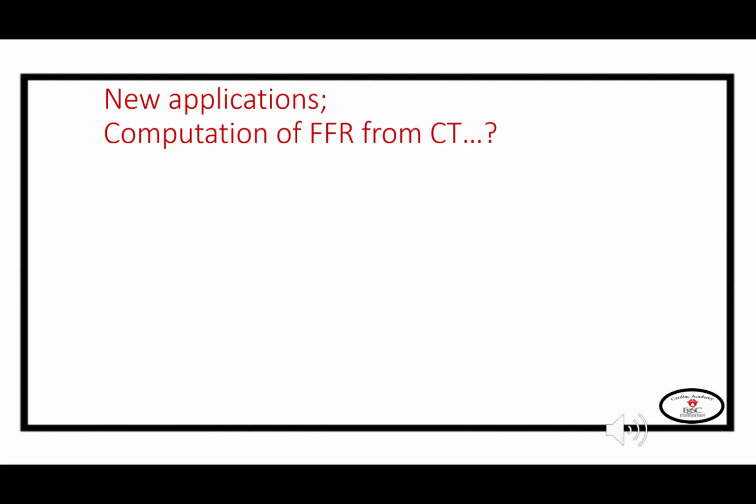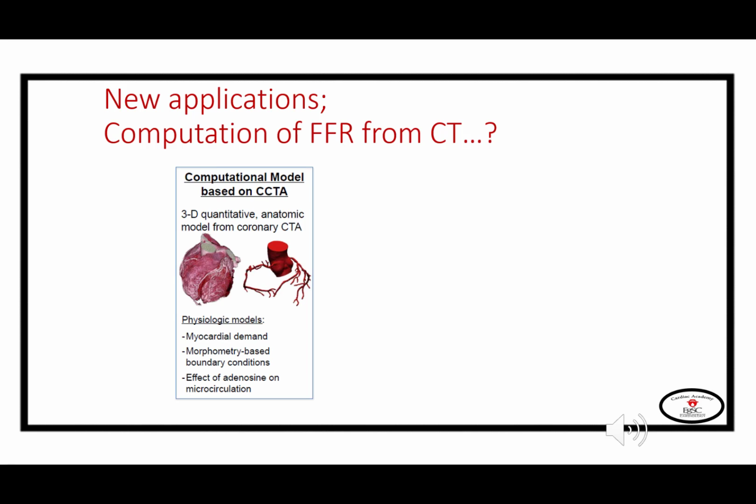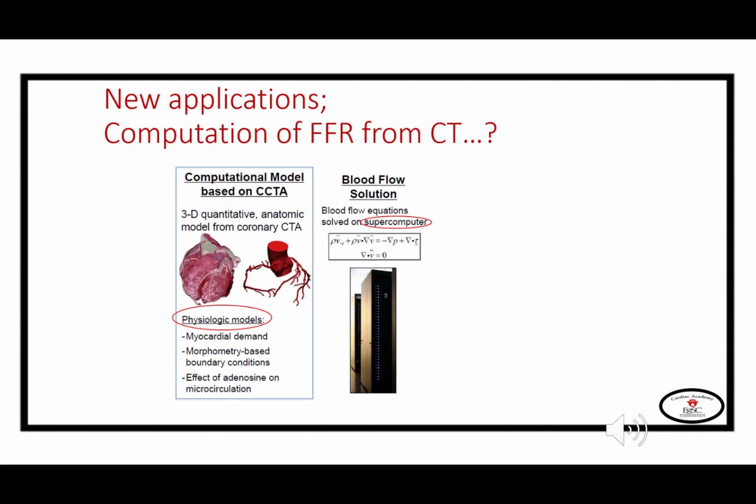New applications are on the horizon, for example, computation of fractional flow reserve from the CT coronary angio images. These use computational models based on cardiac CT angiography. These physiologic models are computed by supercomputers because they involve very advanced and complicated equations.